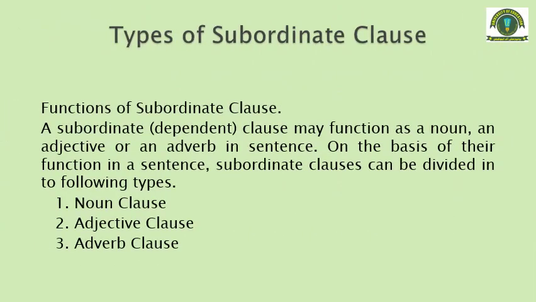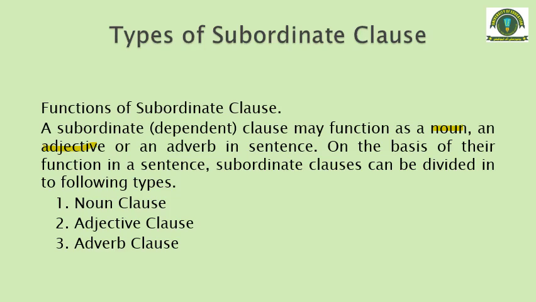So the previous slide is explained a bit in this one. Let me read it for you. A subordinate clause may function as a noun. It can act as a noun to name something. It can act as an adjective to qualify something, or it can perform the role of an adverb.